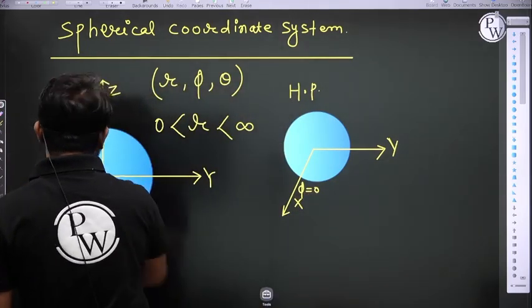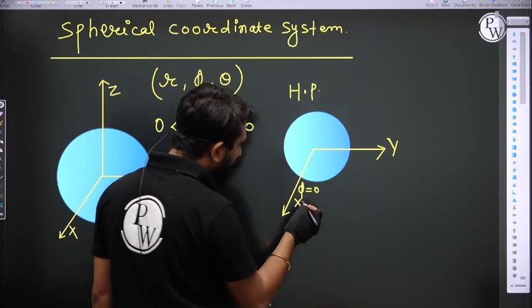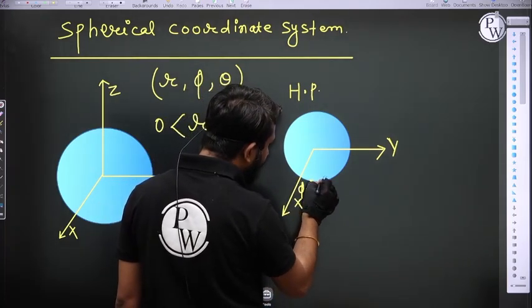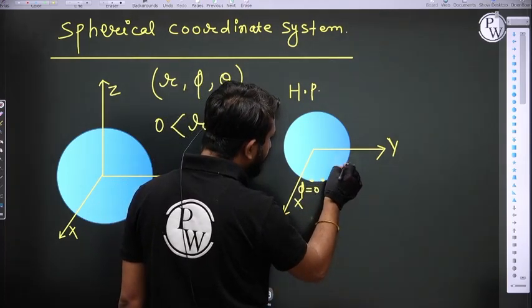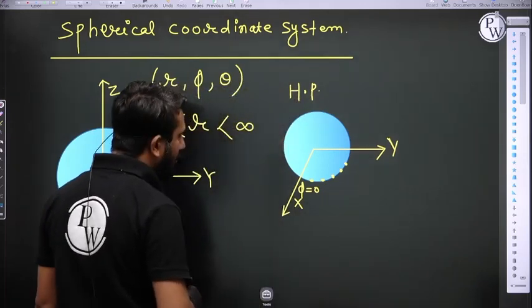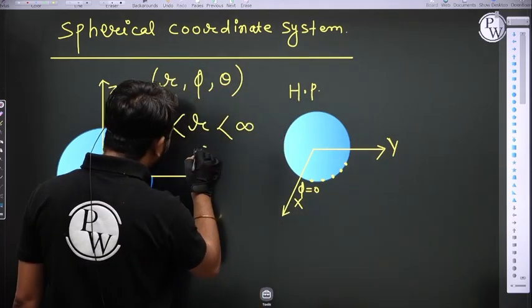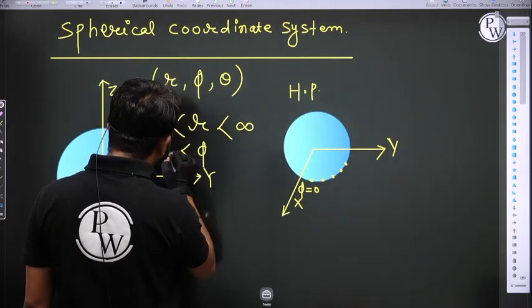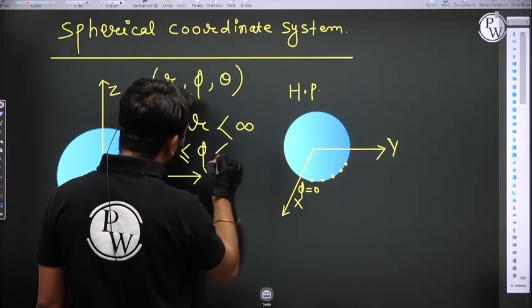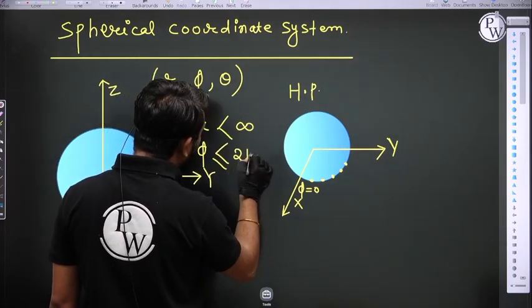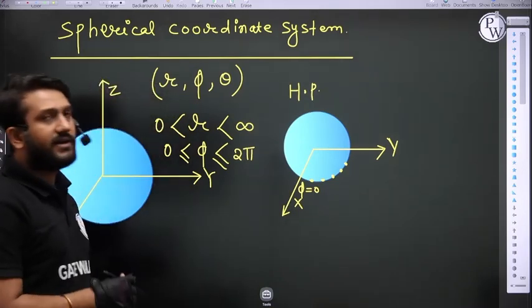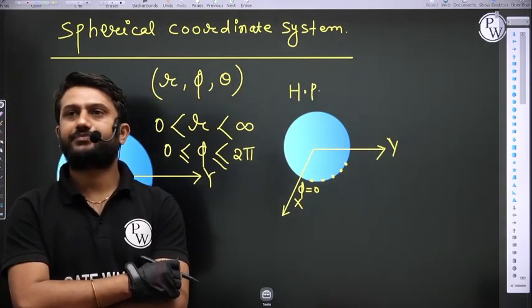And this point may be anywhere, na? So what is the limit of the phi? The limit of the phi is 0 to 2 pi, na?